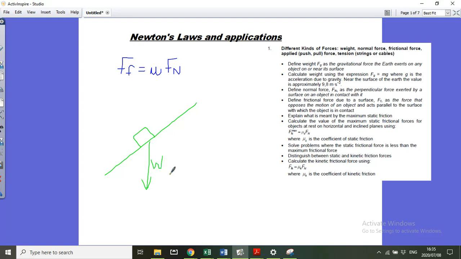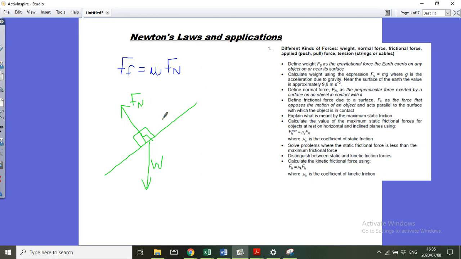It's the weight pulling down on the object to the center of the earth, down is what I mean. Then we still have the normal force. Remember, the normal force needs to form a 90-degree angle with my surface. We call it F normal or normal force, but not just normal.